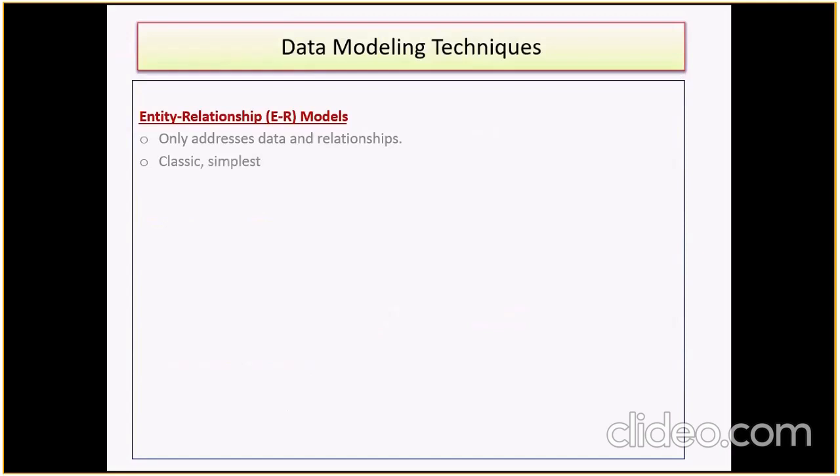Classic, simplest, it's the base for most modeling approaches. And as I said earlier, it's mainly used in OLTP. What is OLTP? OLTP is your ODS. Don't forget, ODS is what we discussed at the start. ODS and OLTP are needed to run your day-to-day business.